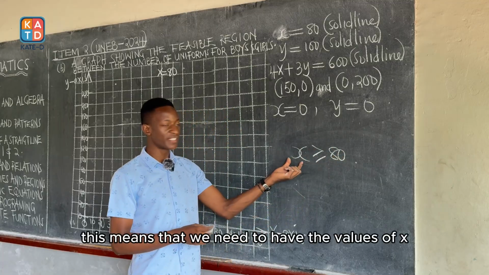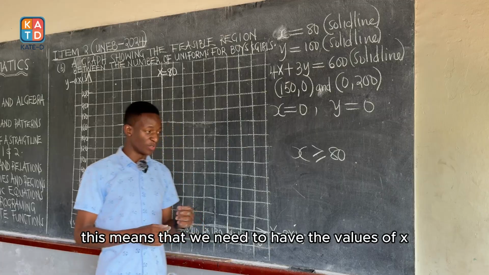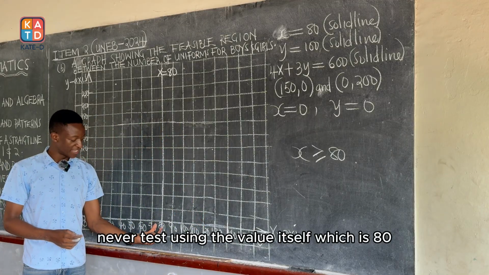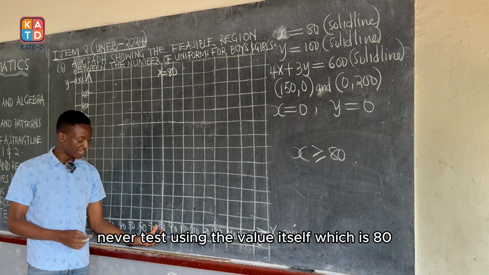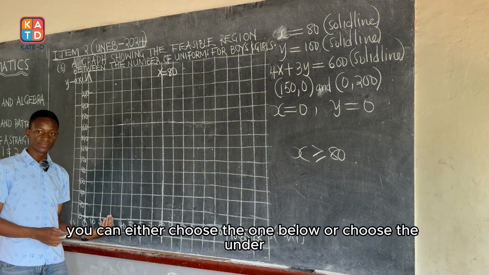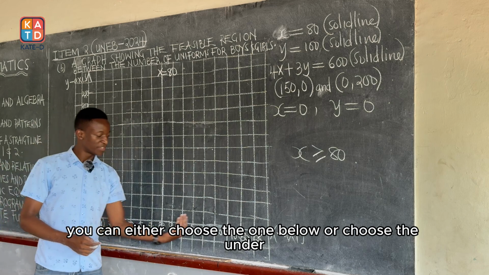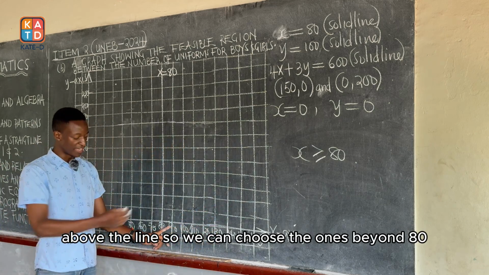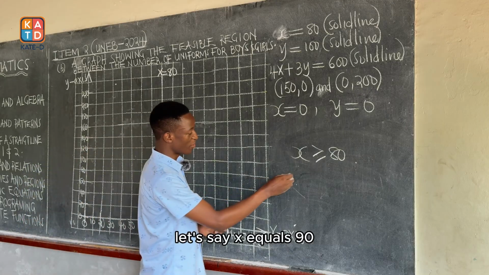So testing this means that we need to have the values of x. When you look at 80, never test using the value itself, which is 80. You can either choose the one below or the one above the line. So we can choose the ones beyond 80. Let's say x equals 90.